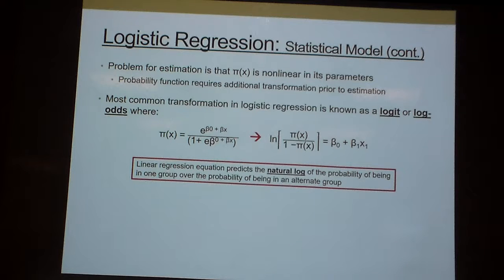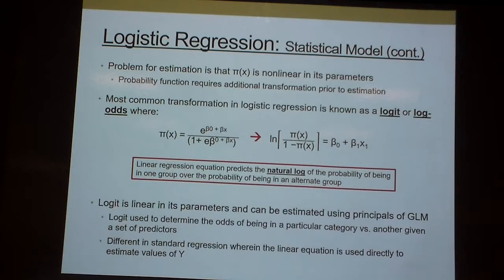And what ends up happening is we can use this logit or log odds and predict that with our general linear model, okay? So here you can see a linear regression equation on this end, predicting the natural log of the probability of being in one group versus the probability of being in a different group, okay? So we've got a log odds going on here.